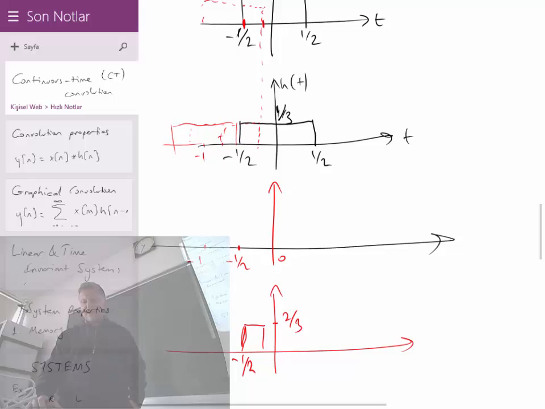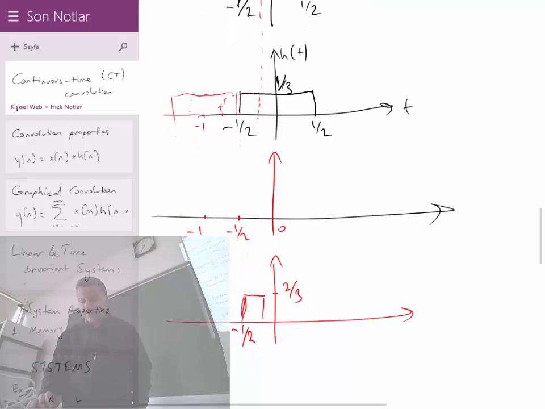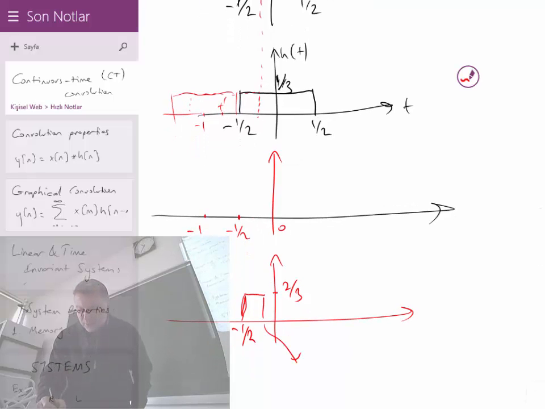What is that somewhere? Say it. It is equal to, well, t prime plus 1/2, because t prime is already negative. Yeah, okay. So this point is t prime plus 1/2.